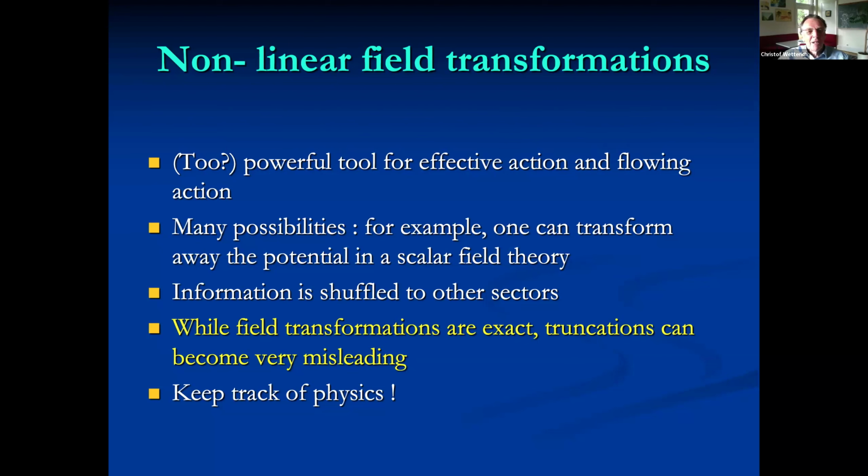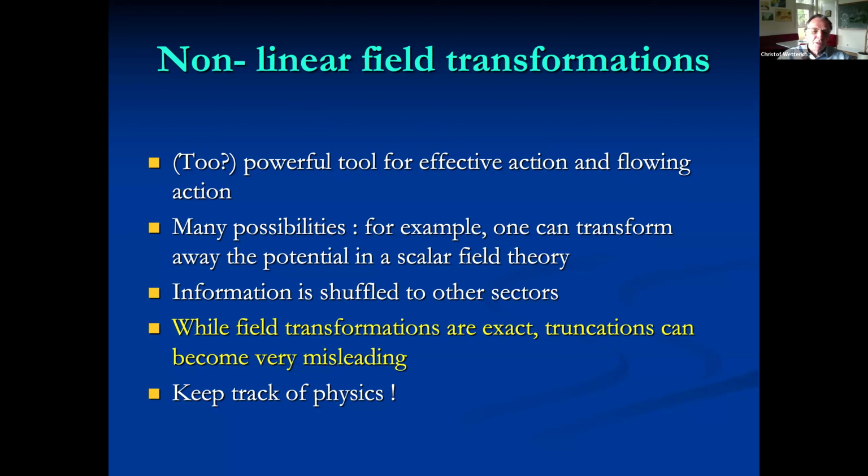I have marked them as a potentially too powerful tool for effective action and flow equations. Too powerful only if you do not apply them correctly, or if you are not taking care of important things. They are a really powerful tool.